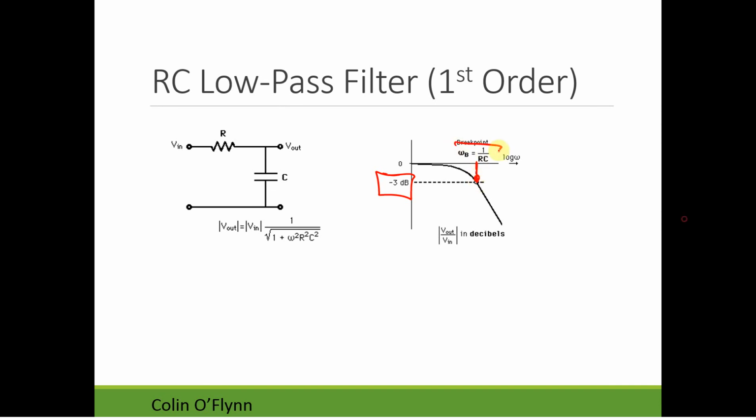In radians, it's simply 1 divided by the value of the resistor times the capacitor. Because most of the time we're in hertz, you'll also see the 2 pi worked into the equation to convert it to hertz.